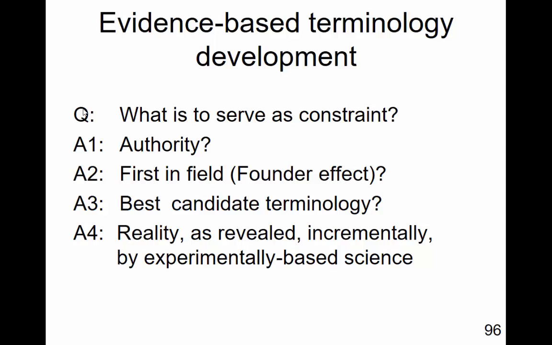So the periodic table of Mendeleev is a good terminology for describing the chemical elements because it corresponds exactly to our understanding of the chemical elements based on empirical science. And the gene ontology is a good ontology of gene product attributes because it corresponds to our best understanding of the way in which gene products work, where they work, and what biological phenomena they contribute to.